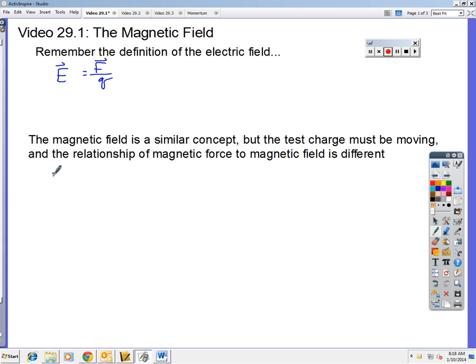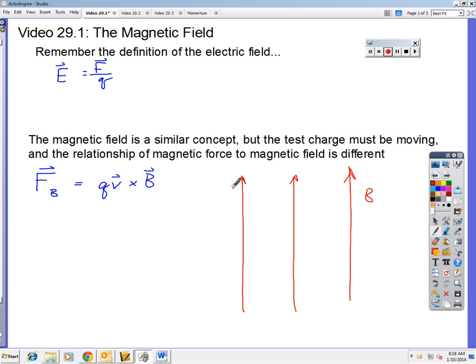Now, the magnetic force is given by q v cross B. So the idea is if you've got a magnetic field pointing upward, and you have a particle with a velocity v that makes an angle theta with the field, the magnitude of the force is going to be qvB sine theta. Memorize both of those.